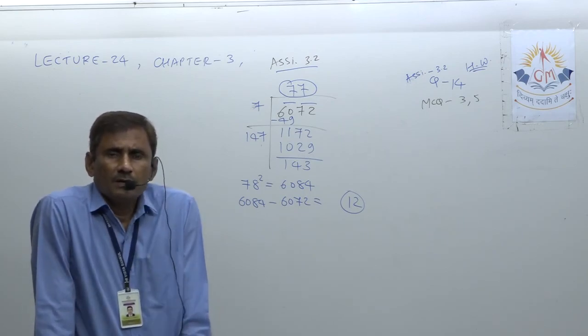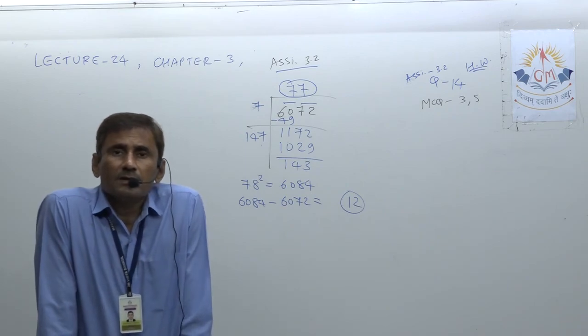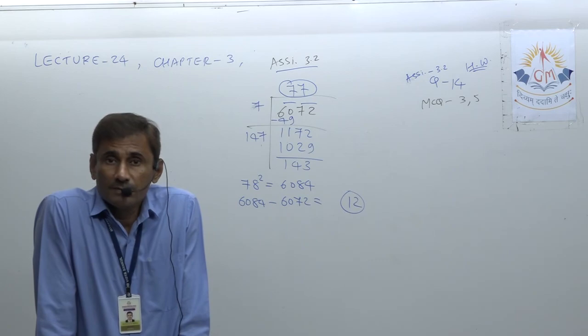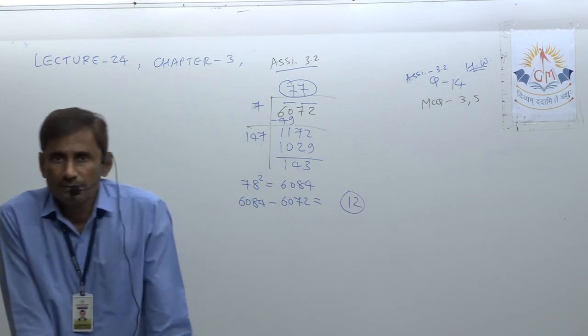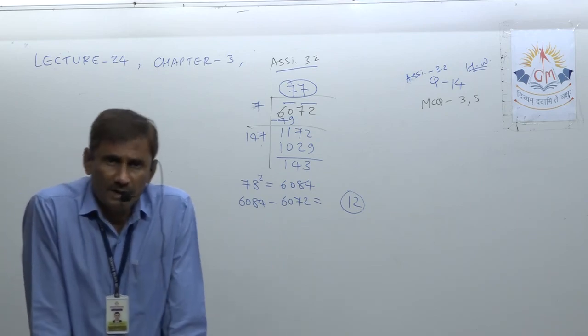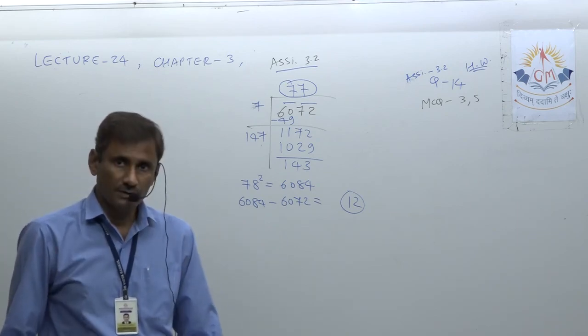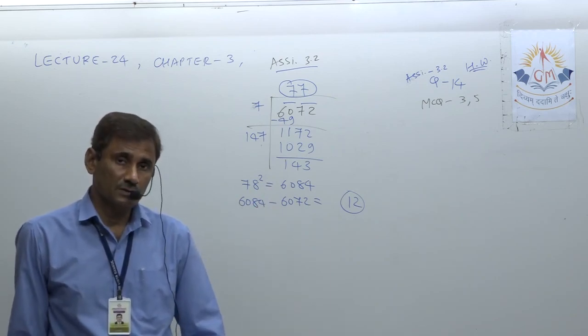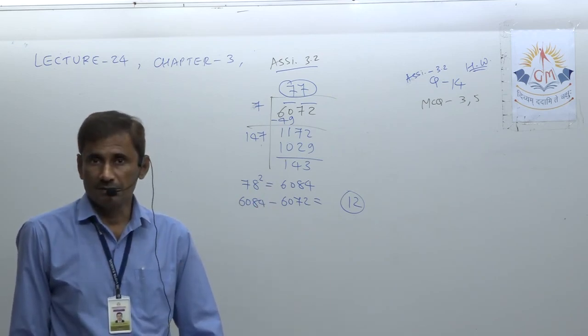Okay, and for making a square, there are 2 methods we learned, the diagonal method and the square method. And for getting a square root, we basically have 2 methods. One is the prime factorization method and the other is the long division method. But today I told you a third method also, that is the estimation method.